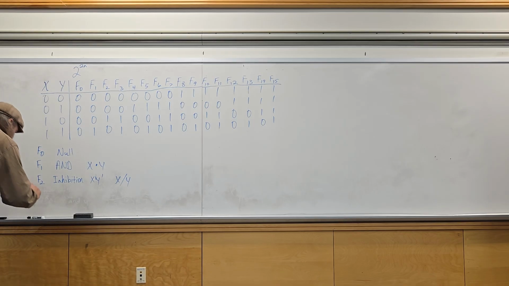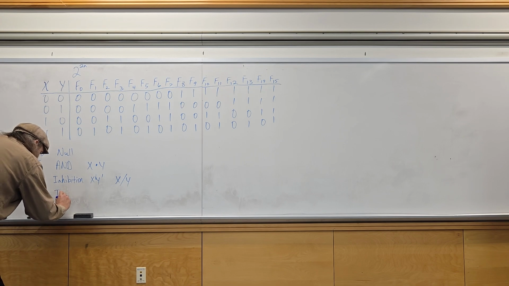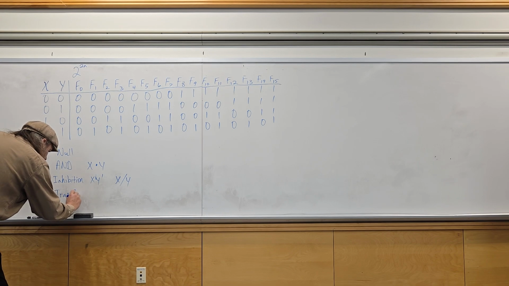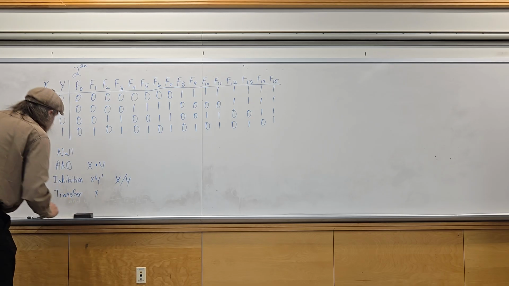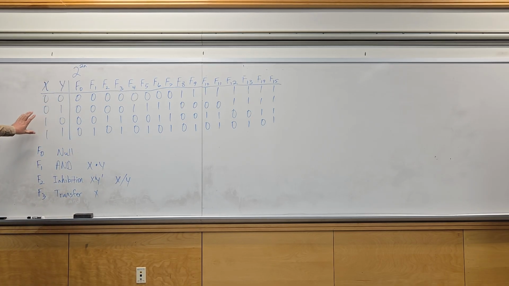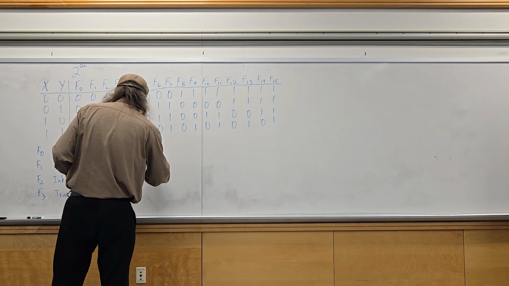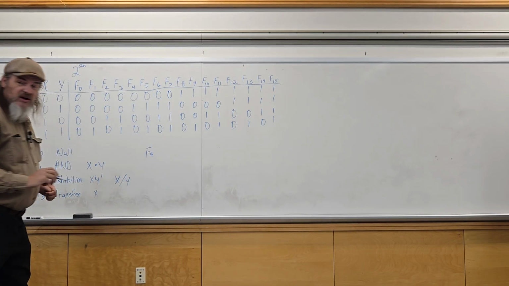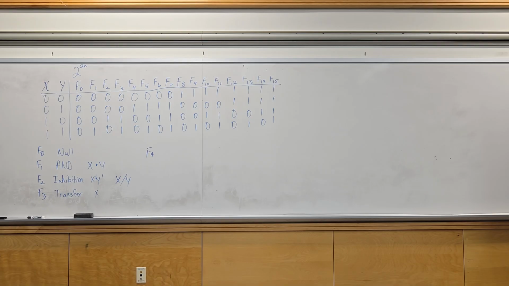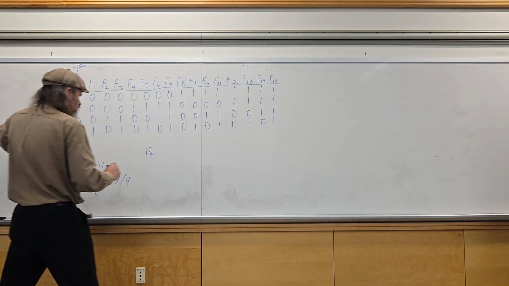F3 is just a transfer. It's just x. It just matches what is in the x column. Doesn't matter what y is. F4 is another inhibition, but it's y, but not x.